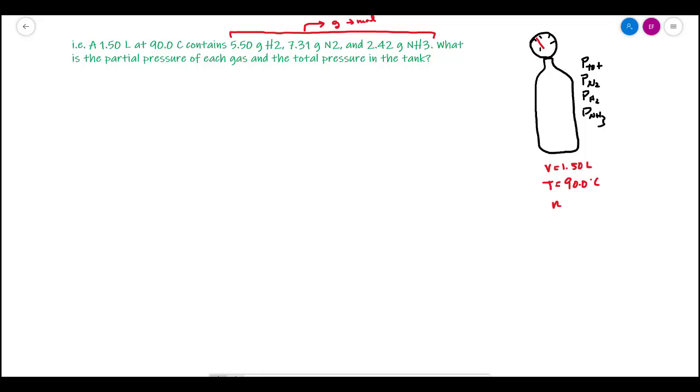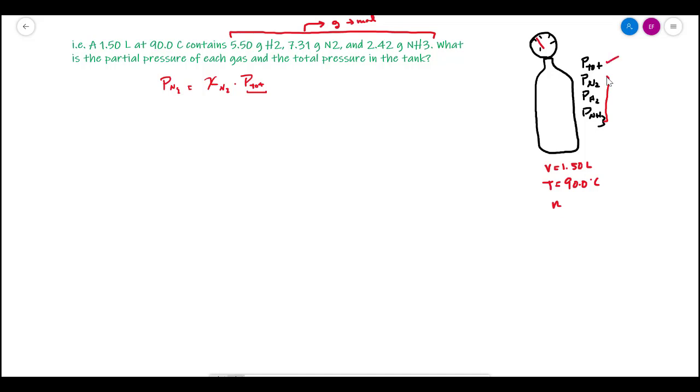So we're going to need to utilize what expression here? Well, if we're being asked to compute the partial pressures of each of these gases, we could use the expression partial pressure of nitrogen equals chi nitrogen times the total pressure, but that would require us to know the total pressure of the system, which is one of the variables we're being asked to compute.